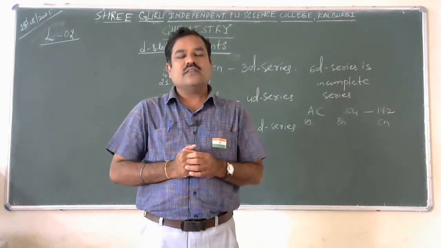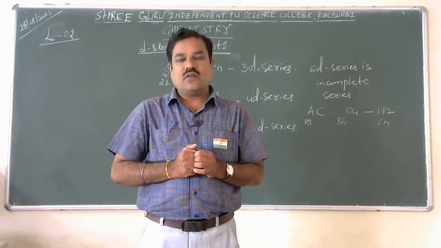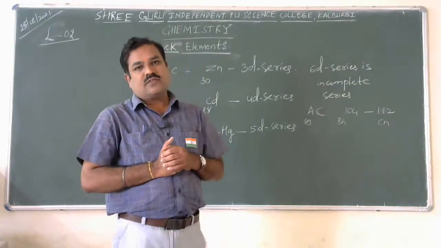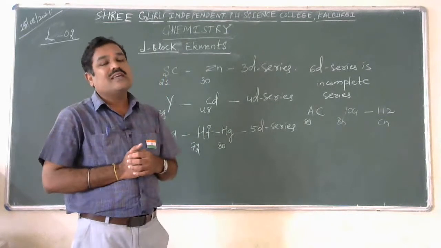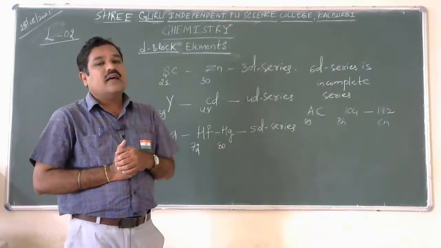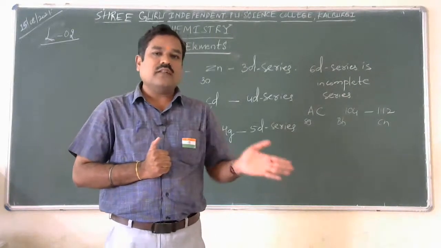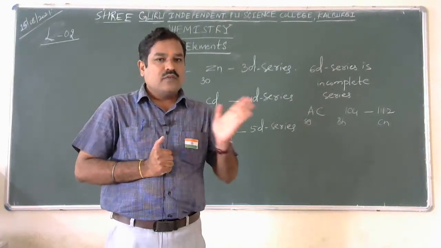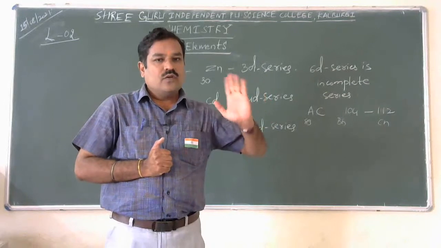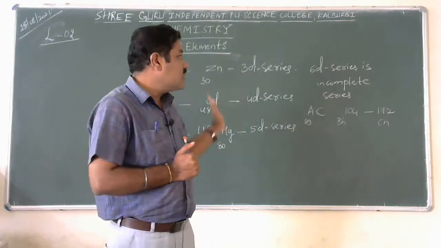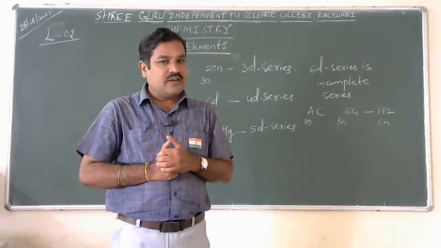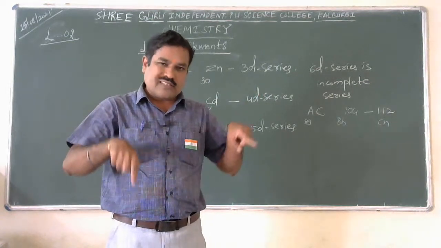Why are they called transition elements? Because they are shifting their character, their properties, from metallic to non-metallic. If you move from s block to p block, from the left side of the periodic table to the right side, these are placed in between s and p.